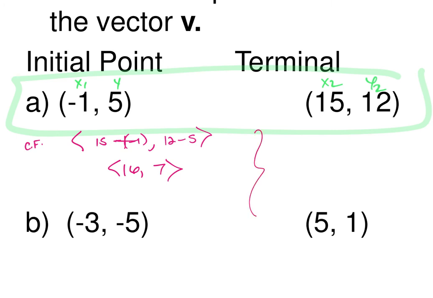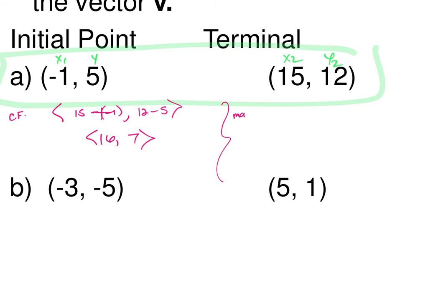Then I need to find the magnitude. And I have two choices. One is use the distance formula from my original coordinate points. Two, if you already have the component form, skip the first part and go straight to a squared plus b squared underneath the square root.